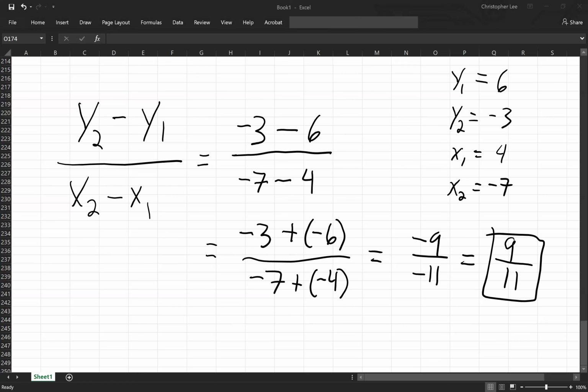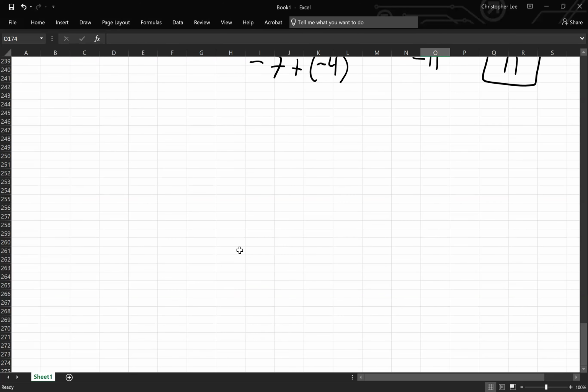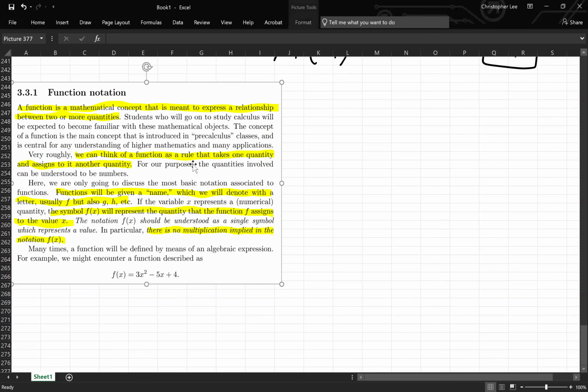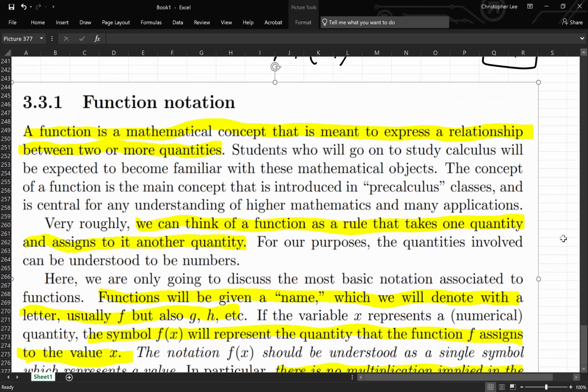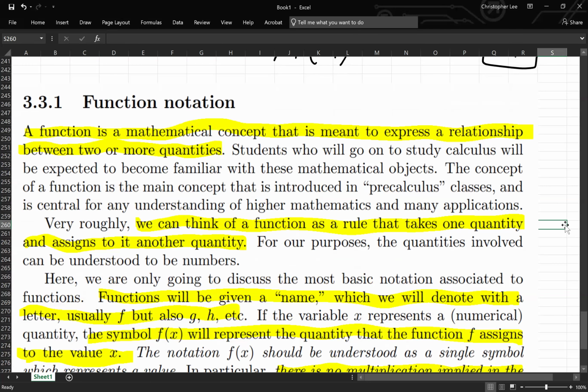Let's take this up a notch. So I want to talk about function notation.